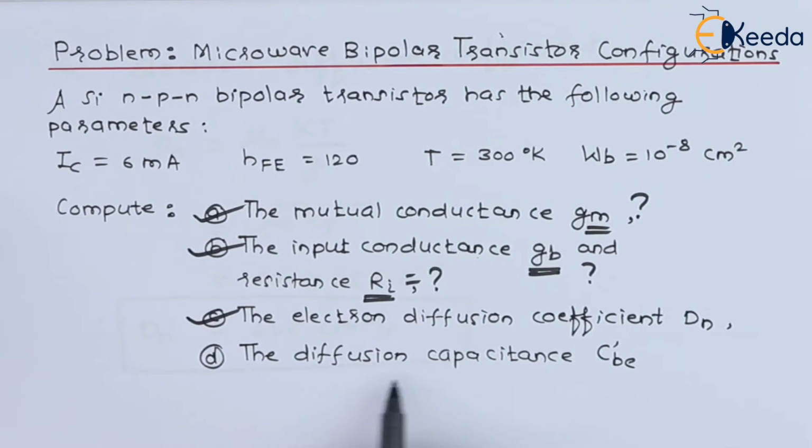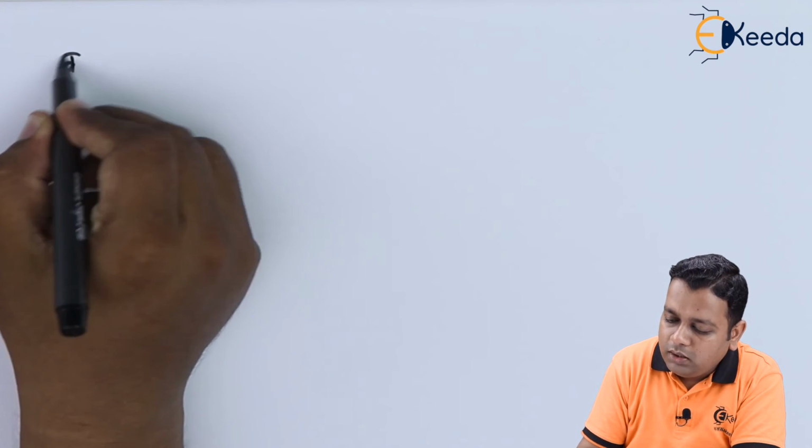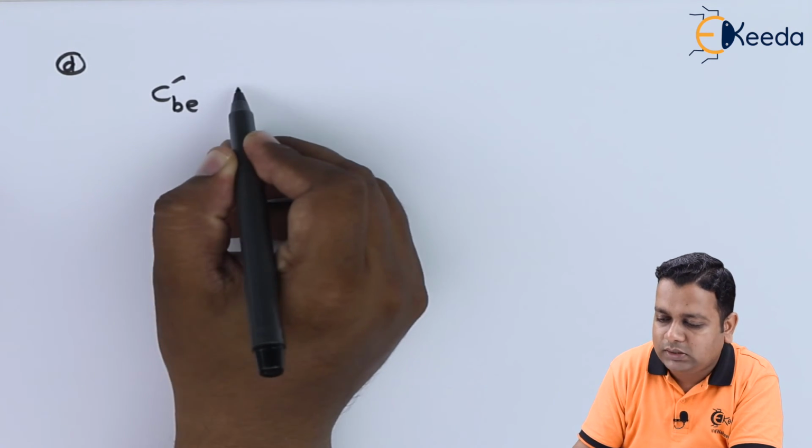Now lastly we require the value of diffusion capacitance denoted like this. Now in part D we require the value of capital C suffix BE dash here.